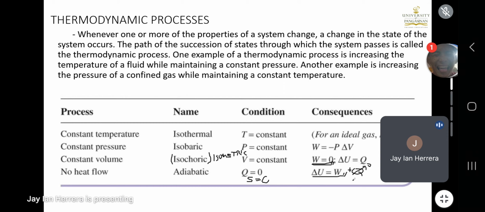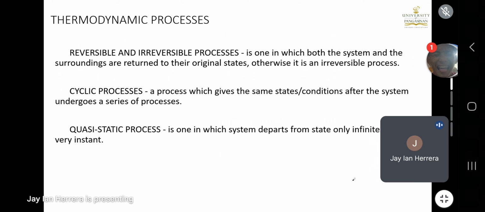Anyway, to further discuss these processes, first there are different types of processes. We have reversible and irreversible processes.